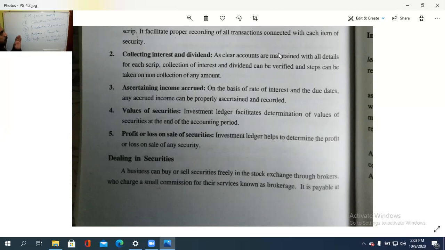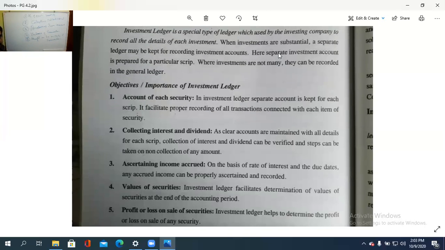So these are the importance of maintaining a ledger by the investment company. Account of each security. Then collecting the interest and dividend means it should be collected, and necessary steps also taken if it is not received. Then ascertaining the income accrued; that income should be ascertained, and if there is any delay in such things, it can be properly ascertained and recorded.